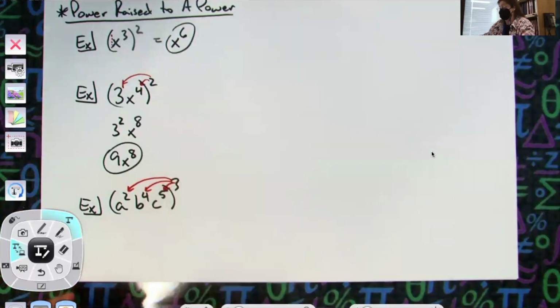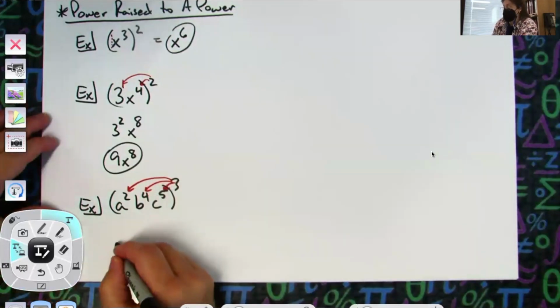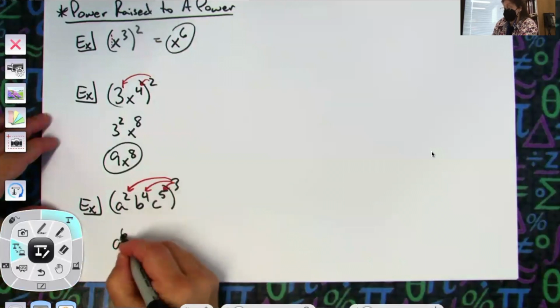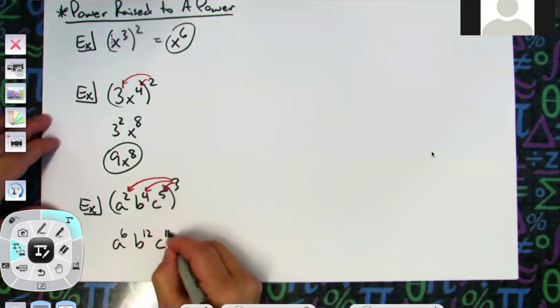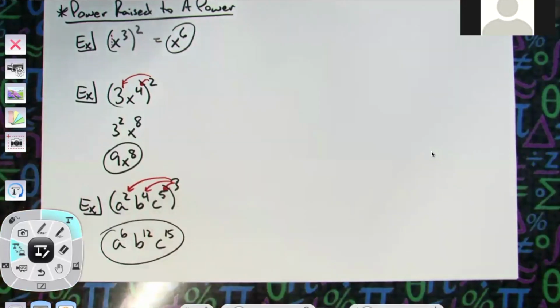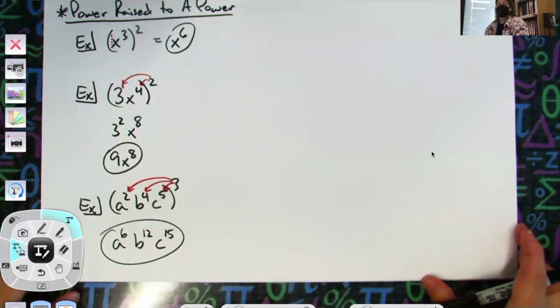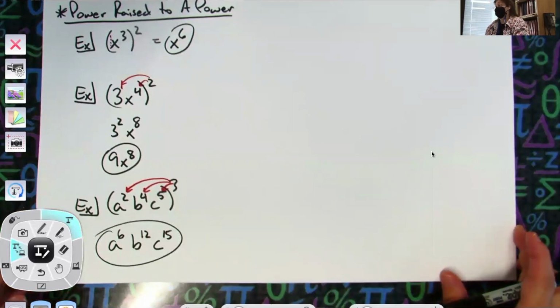So a to the 2 times 3 is 6, b, 4 times 3 gives you 12, and c, 5 times 3 gives you 15. You can apply that rule over and over multiple times. Okay, good on power to a power.